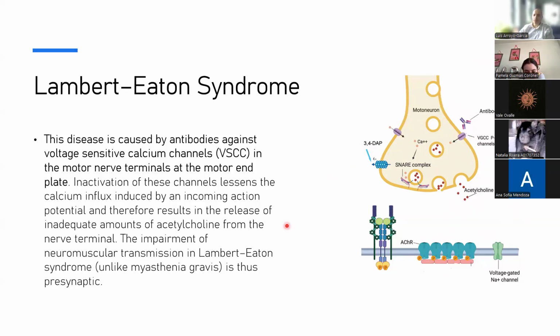So this is very important. We have myasthenia gravis, which was postsynaptic, binding to the acetylcholine receptors, and now we have Lambert-Eaton syndrome, where the antibodies are binding to the voltage-sensitive calcium channels in the presynapse of the acetylcholine neurons.